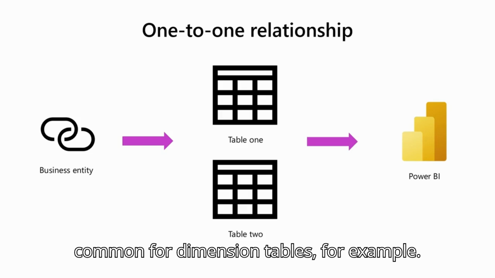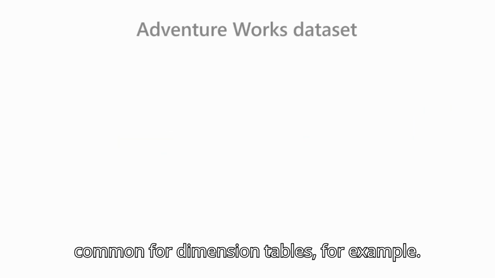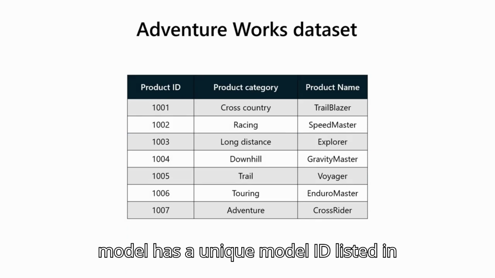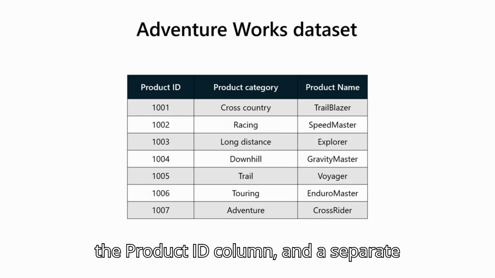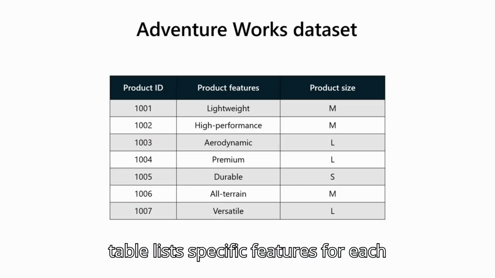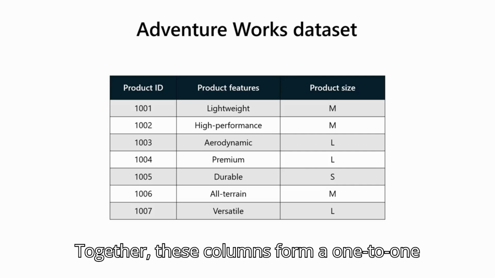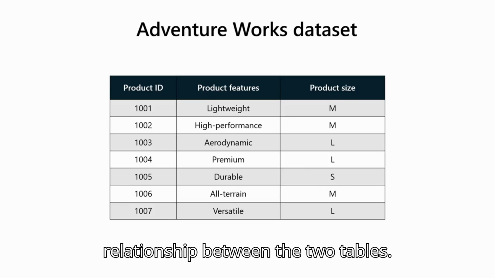This scenario is common for dimension tables. For example, in the AdventureWorks dataset, each bicycle model has a unique model ID listed in the product ID column, and a separate table lists specific features for each model ID in a product features column. Together, these columns form a one-to-one relationship between the two tables.